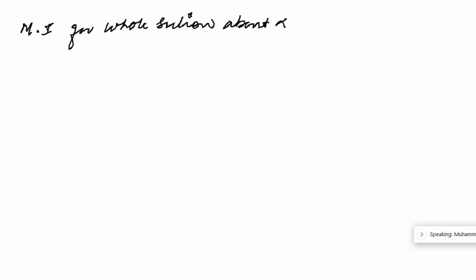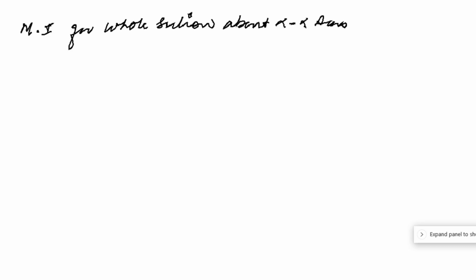Okay, now the moment of inertia for the whole section about x-axis, we just have to add up.